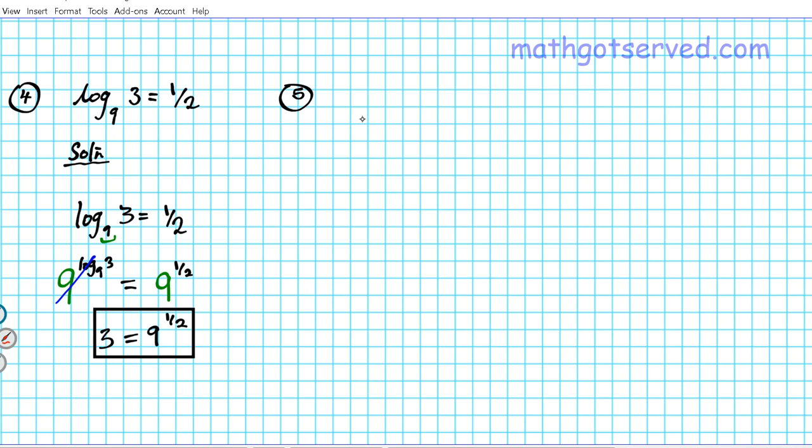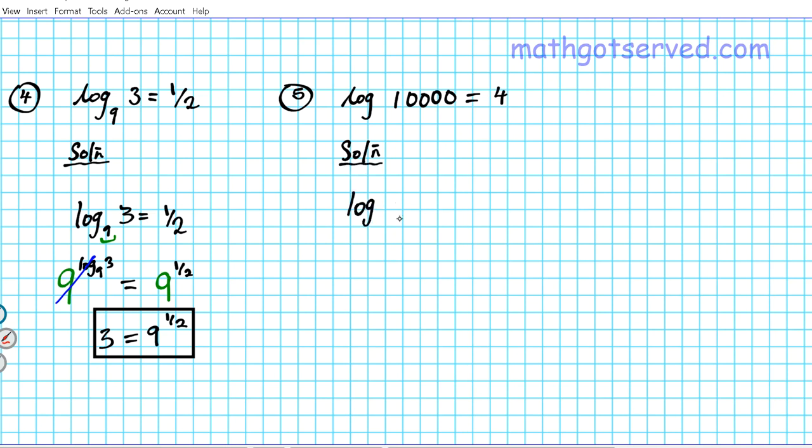Let's say we have log of 10,000 is equal to 4. Alrighty, so we are to rewrite this logarithmic equation in exponential form.